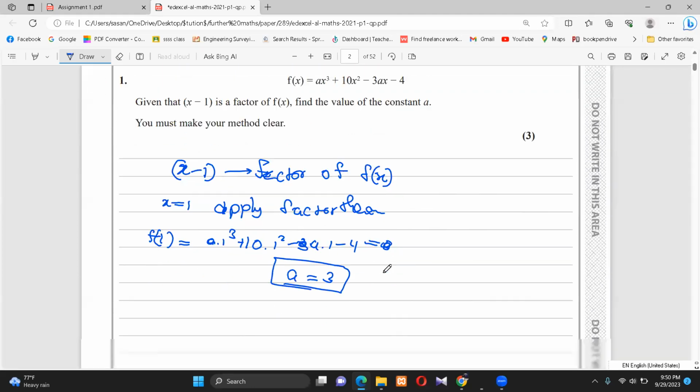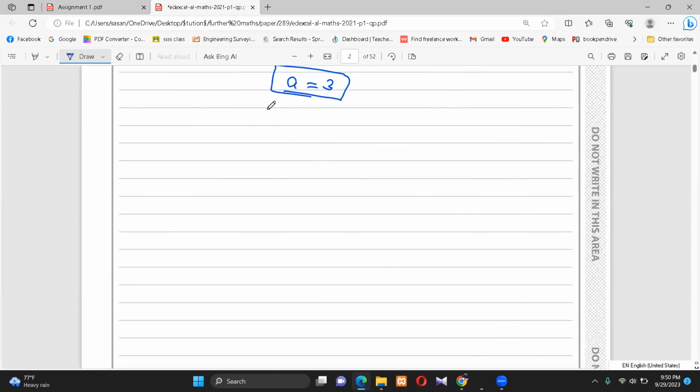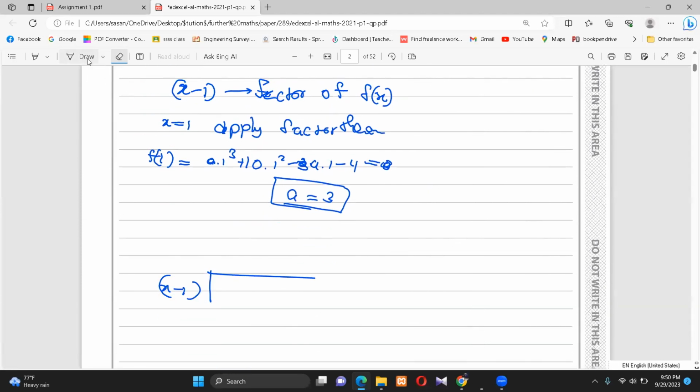What is the alternative method? You could use long division. In terms of long division, f(x) can be divided by x minus 1. So f(x) equals ax cubed plus 10x squared minus 3ax minus 4, divided by x minus 1.